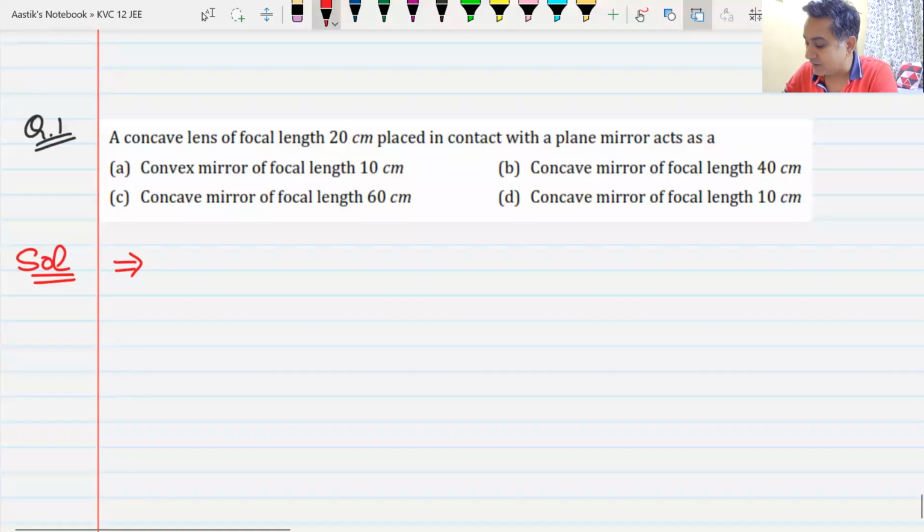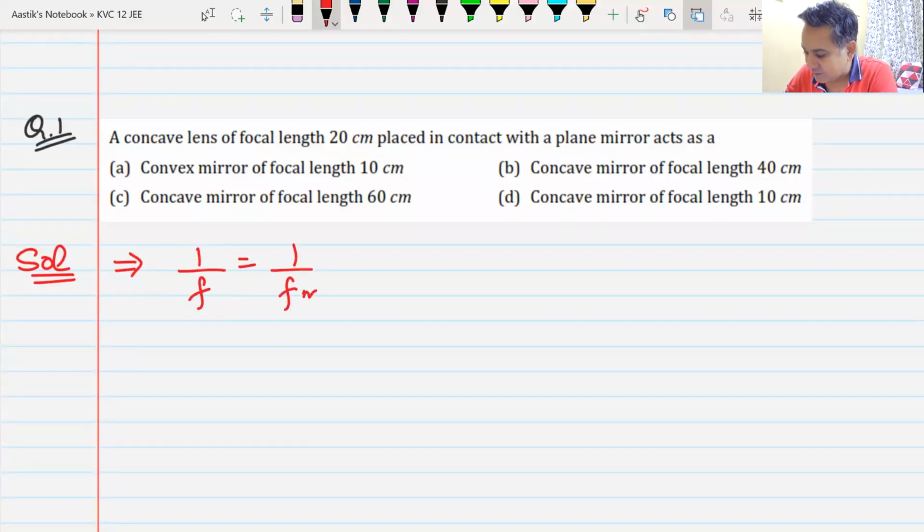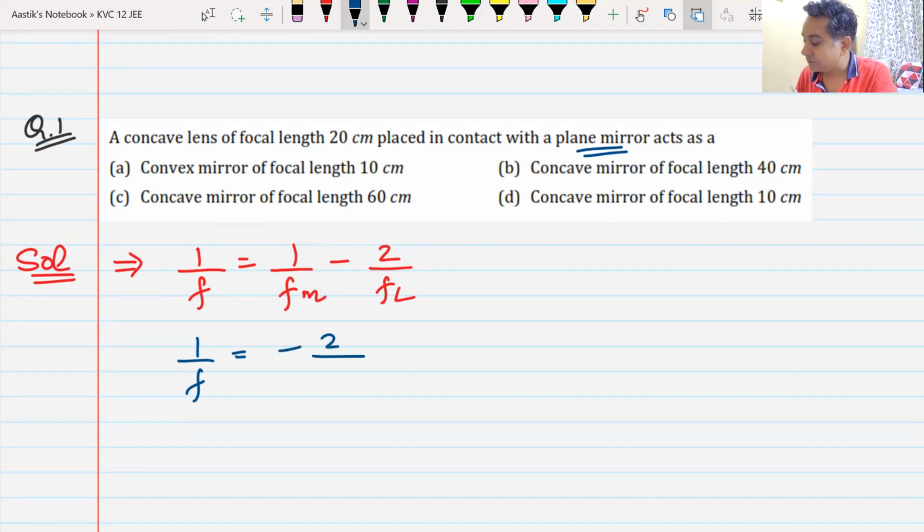So how do you do it, sir? So 1 by f will be equal to 1 by focal length of the mirror. Remember, there's a minus sign: minus 2 by f of the lens. I always make a mistake here. What is the focal length of the plane mirror? It does not have any focal length, so that is 1 by infinity, 0. Minus 2 by focal length of the lens.